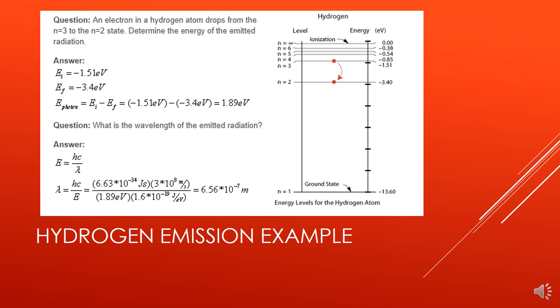In the denominator, we have the energy, 1.89 electron volts, and I'm multiplying that by my conversion factor, 1.6 times 10 to the negative 19th, because I need joules. And this answer comes out to be 6.56 times 10 to the negative 7th meters. Wavelength is a distance, so the units are meters.